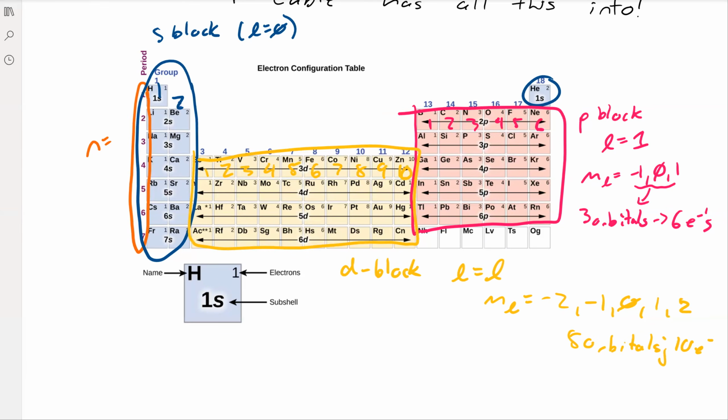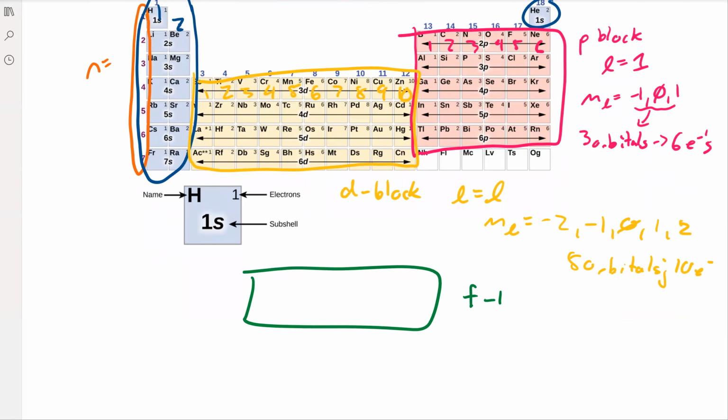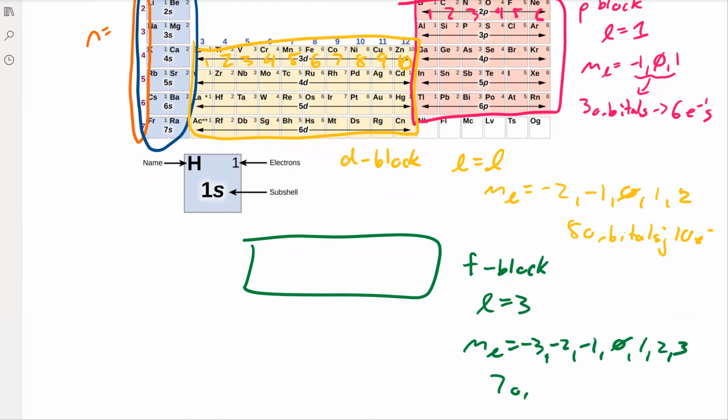And then the same thing for the F block. Right here, your L is equal to 3, so your M sub L can be -3, -2, -1, 0, 1, 2, 3. That's 7 orbitals, which corresponds to 14 electrons, and there are indeed 14 columns here.